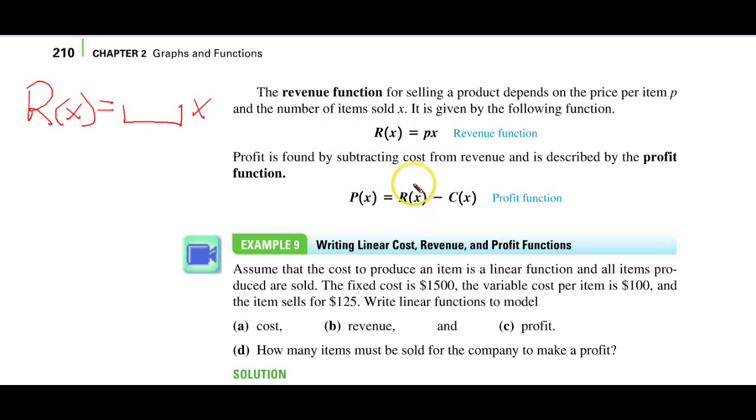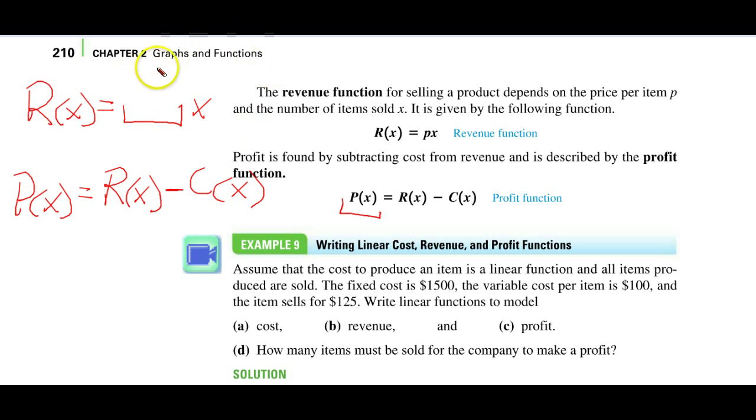Now, with this, we can develop what is called a profit function. That our profit will be the revenue that we take in minus the cost. So we had the cost function on the other page.